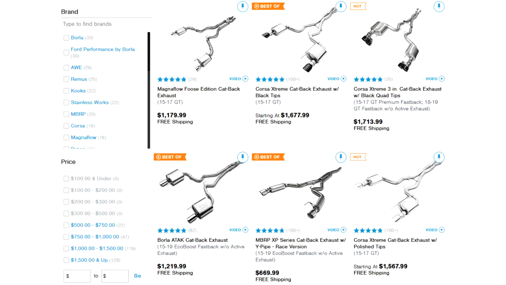Catback systems are more expensive, but they also arguably give the best bang for your buck, as catbacks are one of the more popular options.